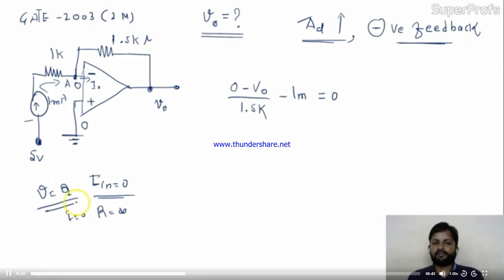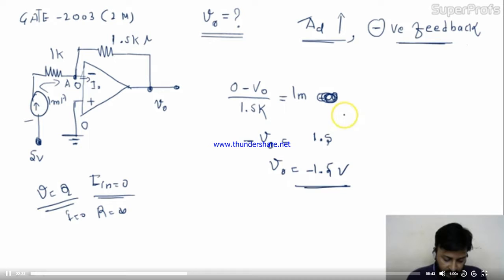So minus V0 equals 1.5, so V0 equals minus 1.5 volt. An option of minus 1.5 volt is also given. So this is the way to solve an op-amp circuit. Is it okay to you?